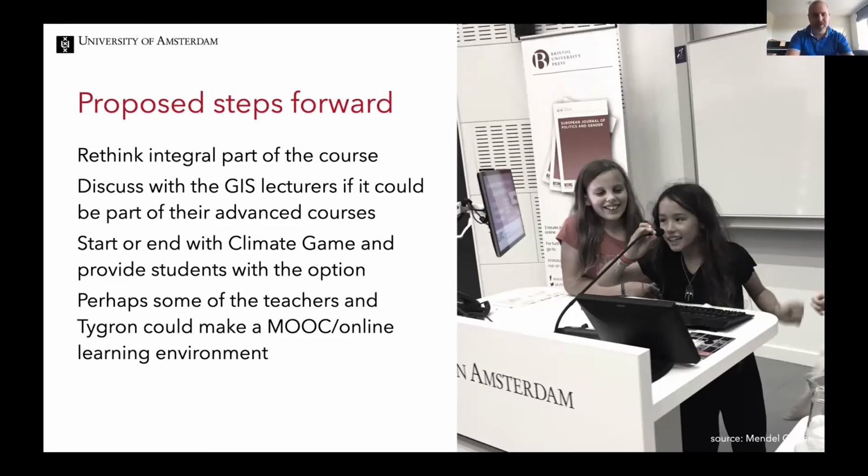So that's a discussion that's ongoing. Next year it will remain the same, but the year after, the methodology and GIS courses will move before this climate-proof cities course. So that might help the integration, because then it will be better placed in the curriculum.